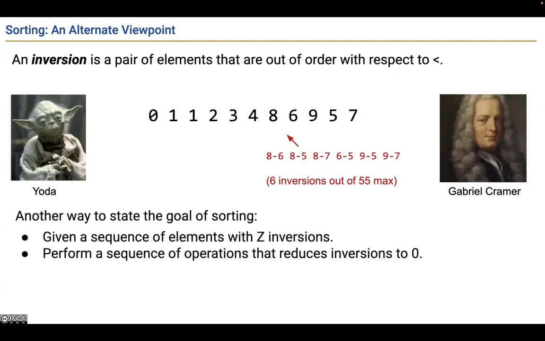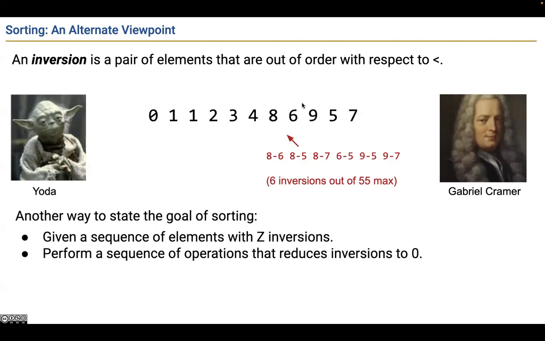So in this case, there are 55 possible inversions that could exist because I could check the 0 against any of these elements. Then I could check the 1 against any of these elements. Then I can check the 2 against any of these elements, and so on. So if you list out all the pairs, 0, 1, 0, 2, 0, 3, 0, 4, I list out 3, 4, 3, 8, 3, 6.